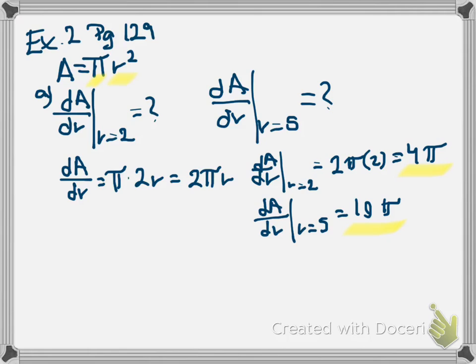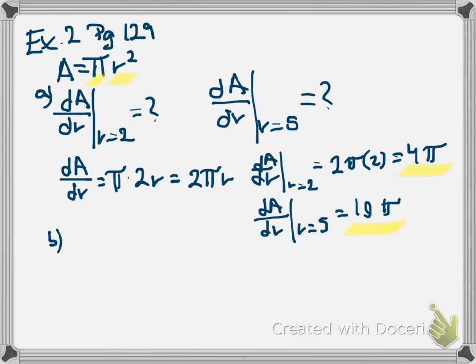Then there's another question, letter B. Why is the instantaneous rate of change, or the derivative, larger at the radius r equals 5?